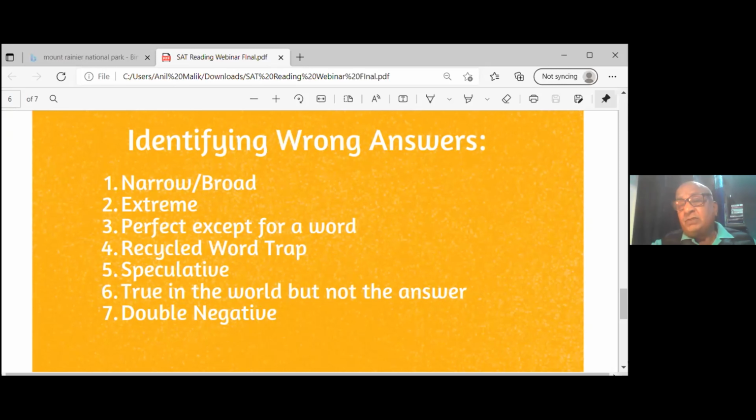The next trap which he tries to get you into is the double negative. The passage says, shall we say, that Robin is a very handsome person. The question is, how does the author describe Robin? I need an answer that says he's handsome. But what does he do?